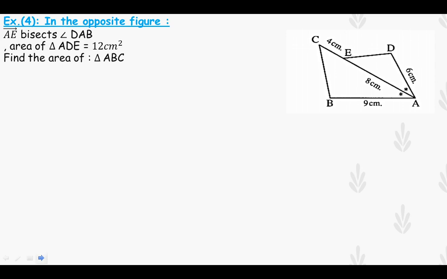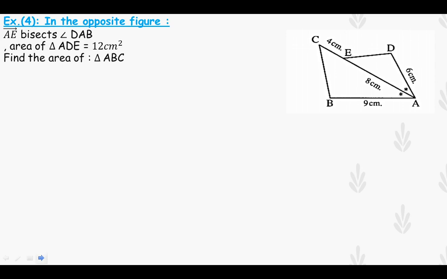You have to know that to find the ratio between the areas of two similar polygons, they must be similar. So the first step is to prove that the two triangles are similar. Then the ratio between their areas equals the ratio between the squares of any two corresponding sides.